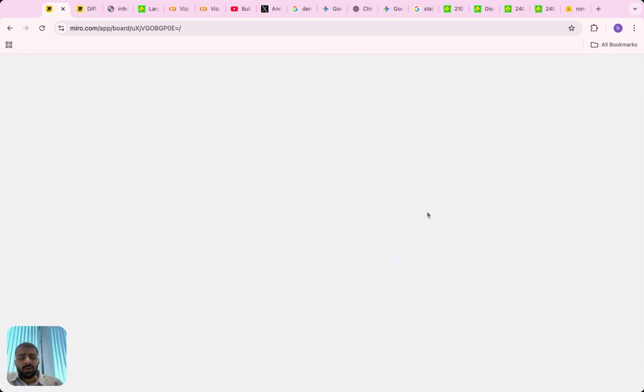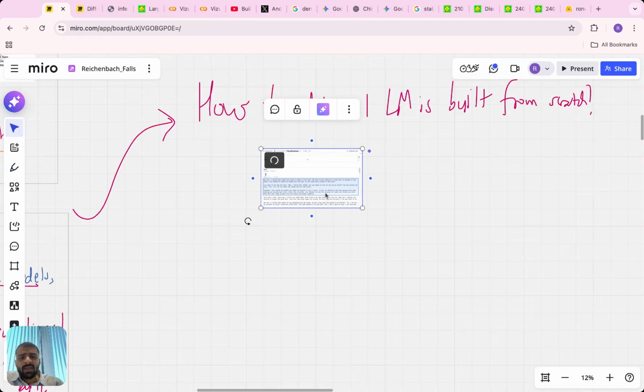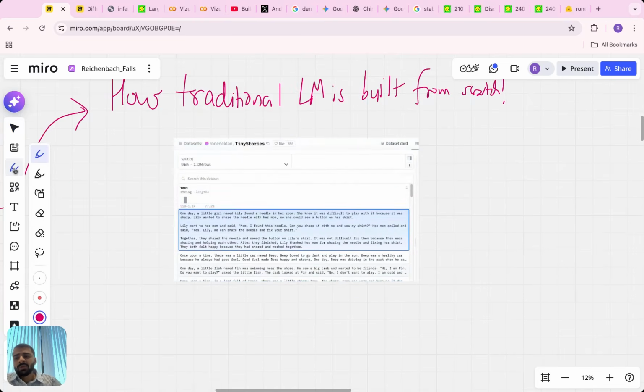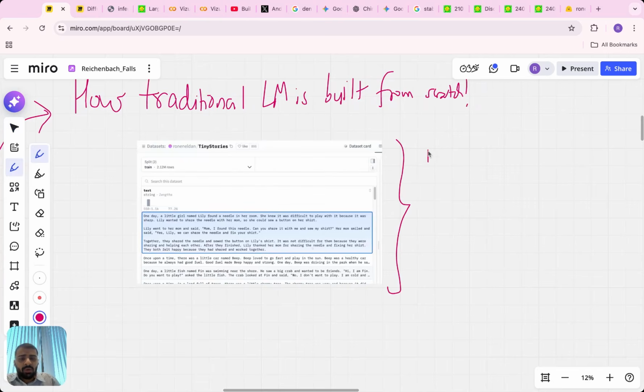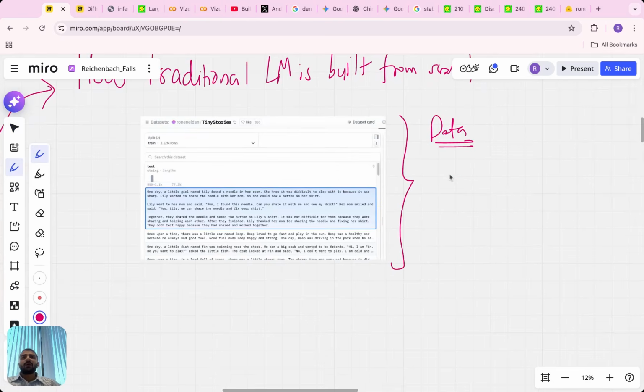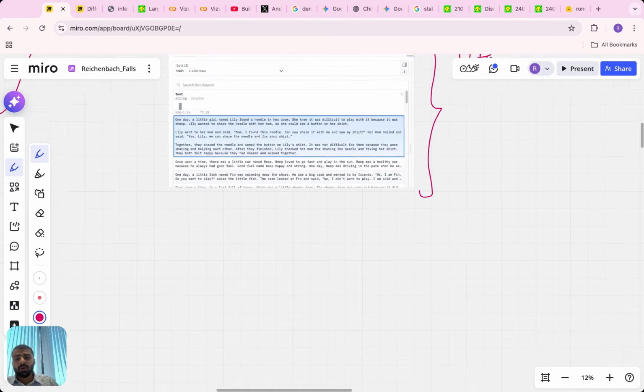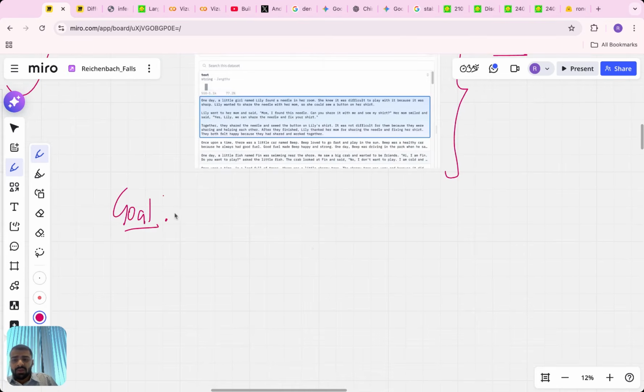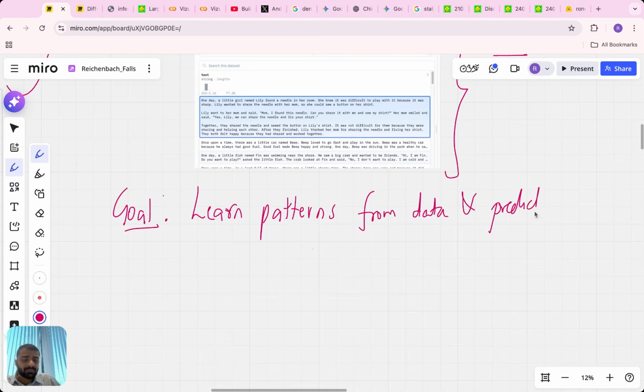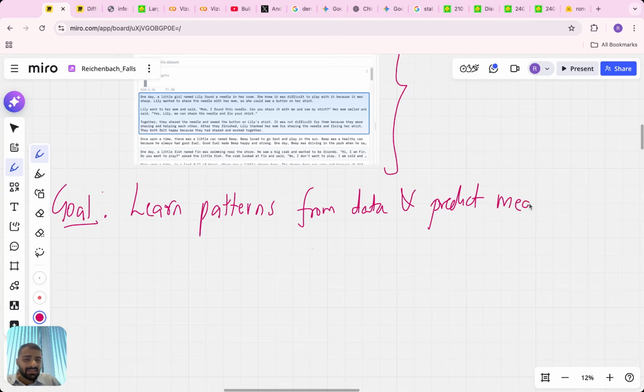That's the first part of building a traditional language model, or even a diffusion language model for that matter. Once we have this data set, my goal is to learn patterns from my data and predict meaningful language.